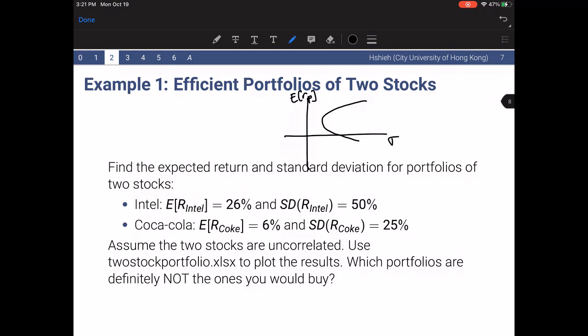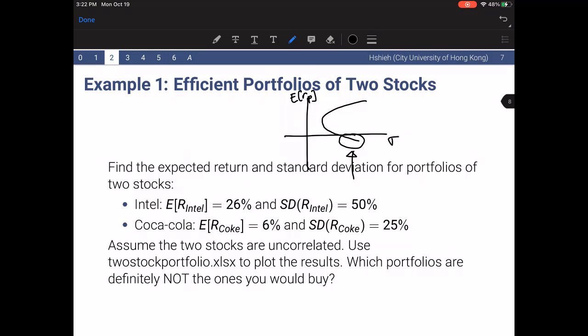The question being asked is which portfolios you would definitely not buy, and those are the portfolios that give you negative returns, because you're better off just holding on to cash. If your expected return is negative and it has positive volatility, that's a portfolio you should definitely not hold.